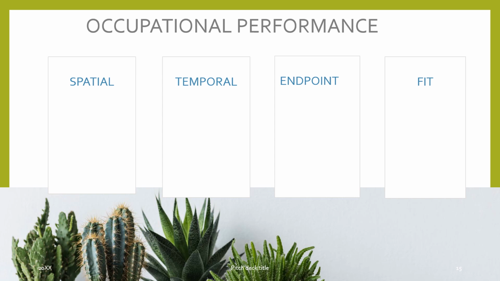The client-centered approach emphasizes that occupational performance is best defined by each individual based on his or her experience rather than therapist observation. So the client's perception of his or her own occupational performance determines the degree of satisfaction.